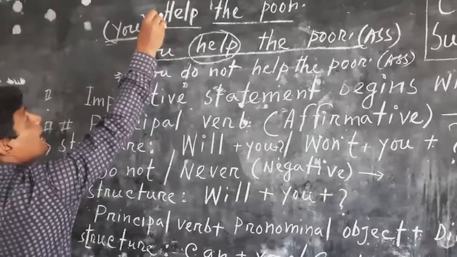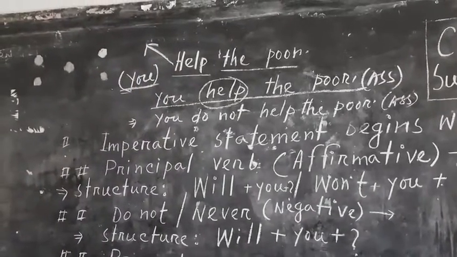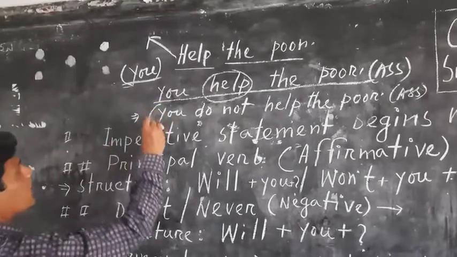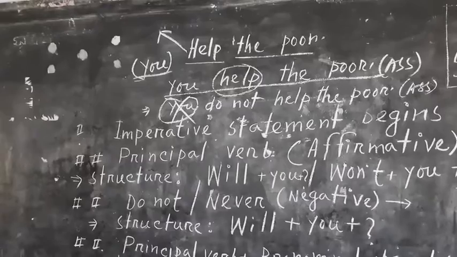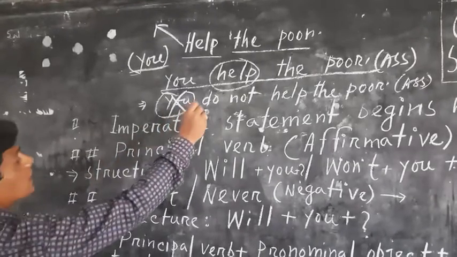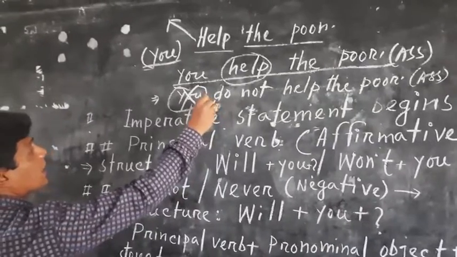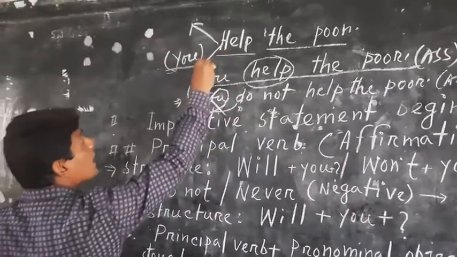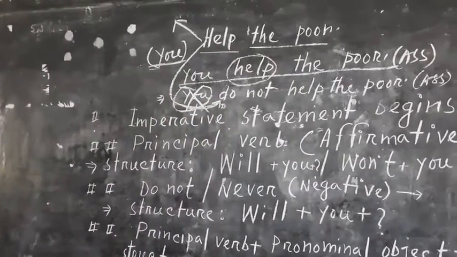Here there is no subject, so we can add the subject here. But notice that it is the negative form of an imperative sentence.